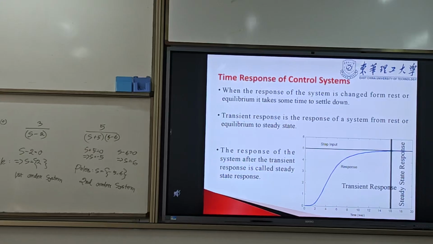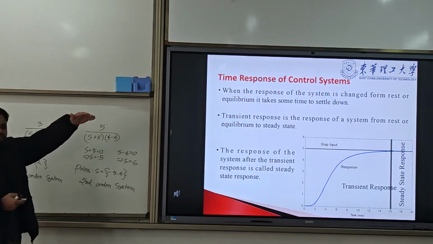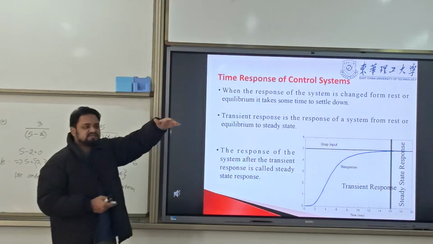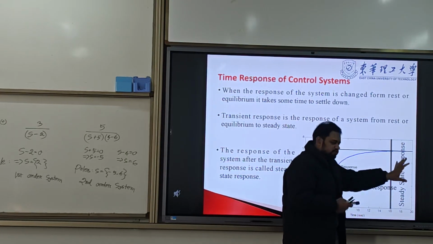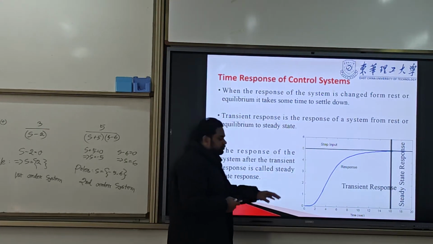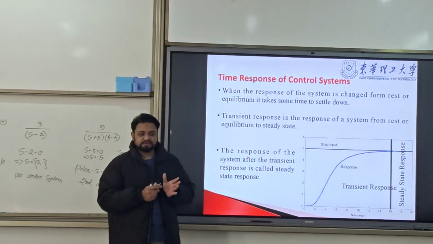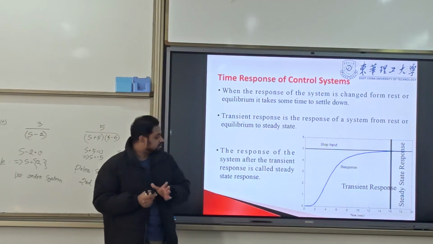Mathematically and graphically we define a stable system that way. Stable system means steady state system, and that will give the steady state response. So there are two responses: transient response and steady state response.